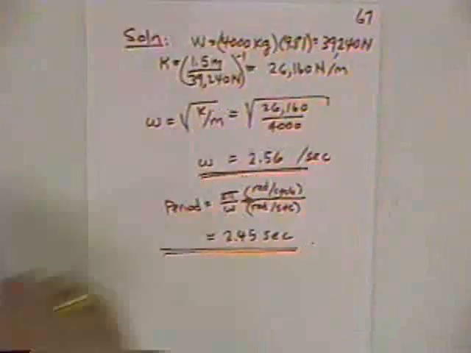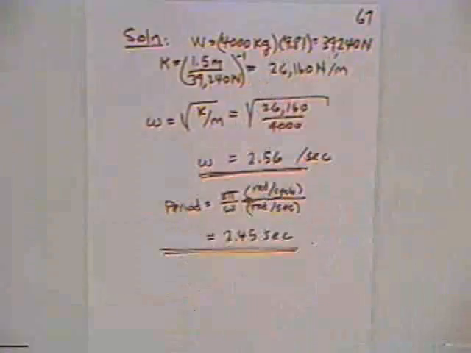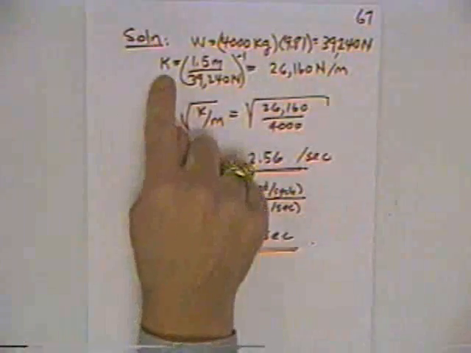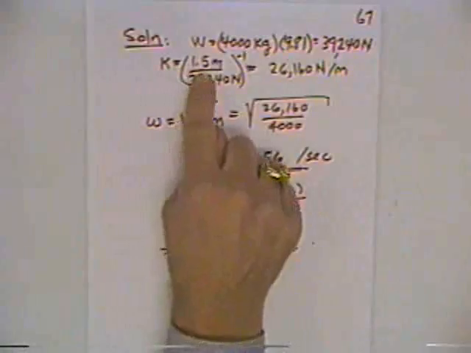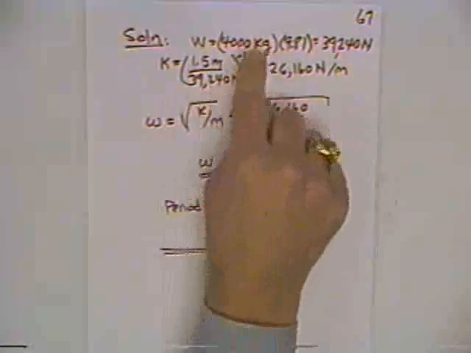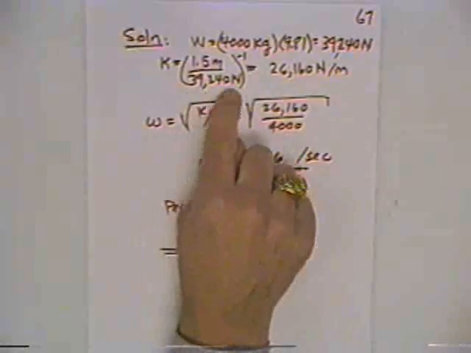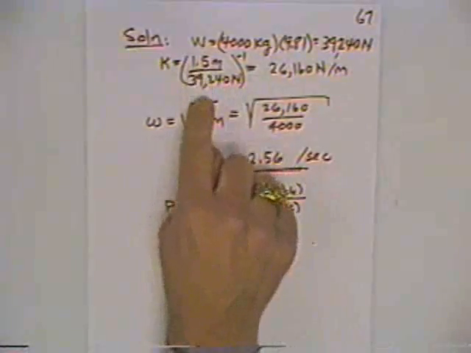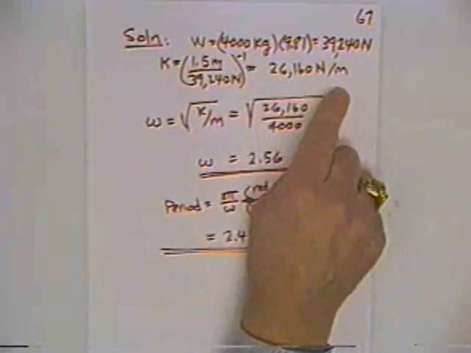The weight of the elevator would be mass times g, which is 39,000 newtons. K, that cable serves as a linear spring, is, I wrote it upside down, so I had to put the minus sign there to correct, 39,000 newtons over 1.5 meters, or 26,000 newtons per meter.